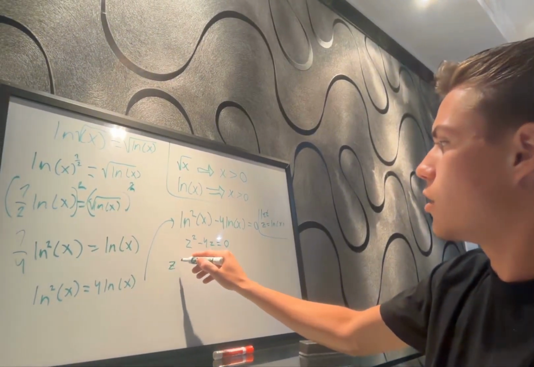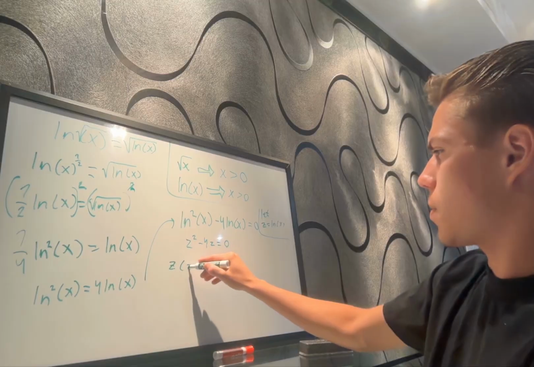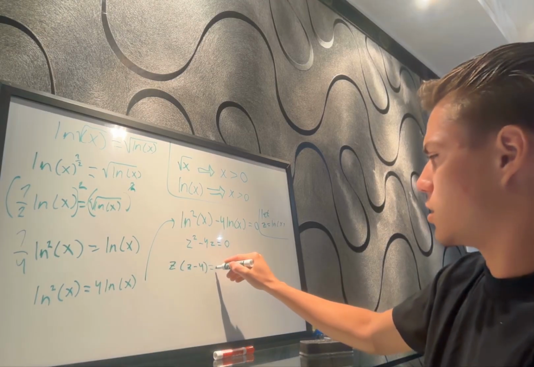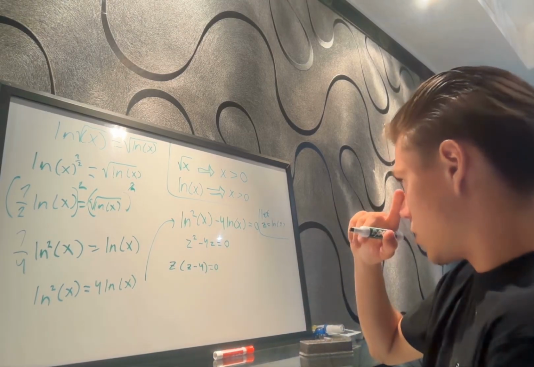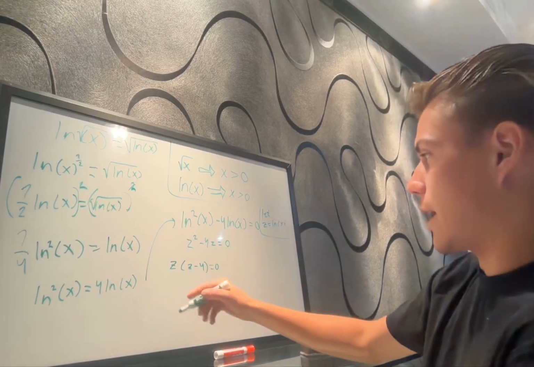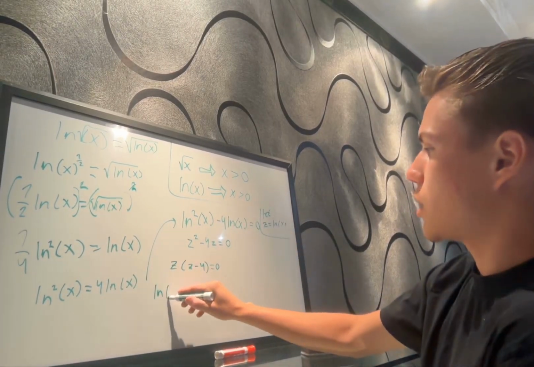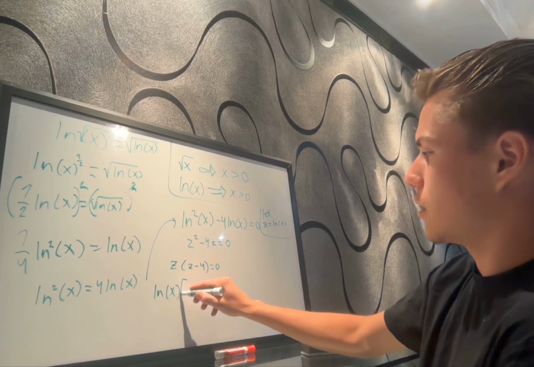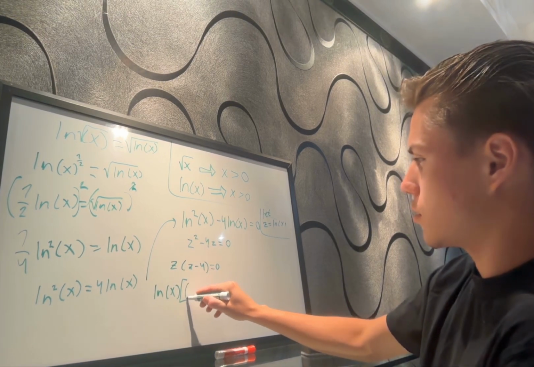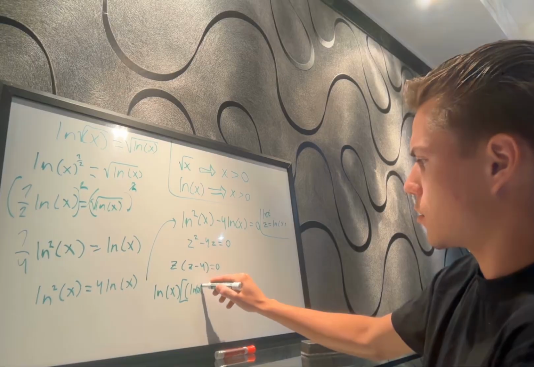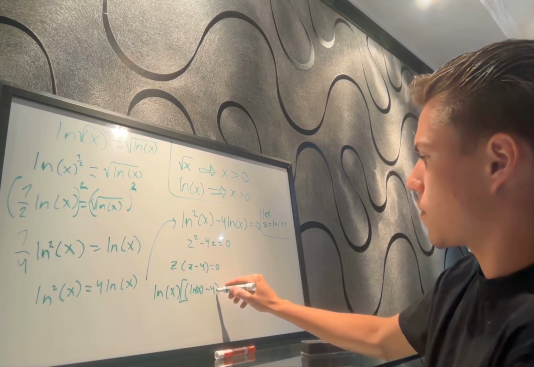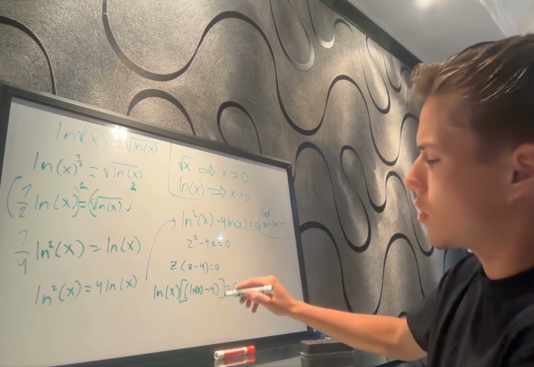So z comes out, and then we have z minus 4 is equal to 0. So now we can plug in the natural log back. Remember, z is equal to natural log of x. So natural log of x times natural log of x minus 4 is equal to 0.